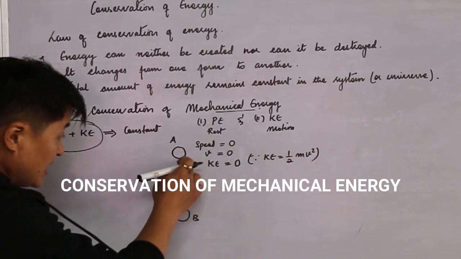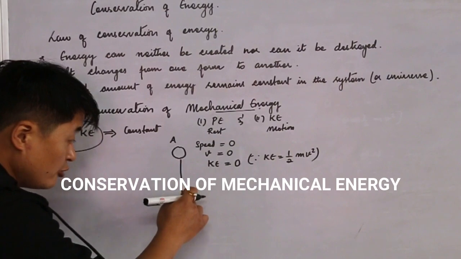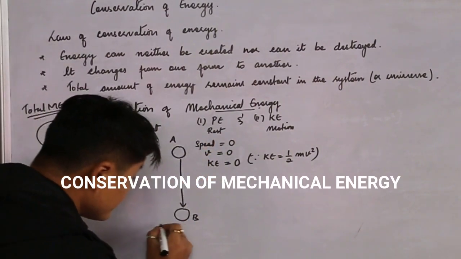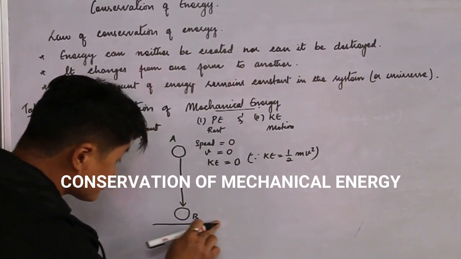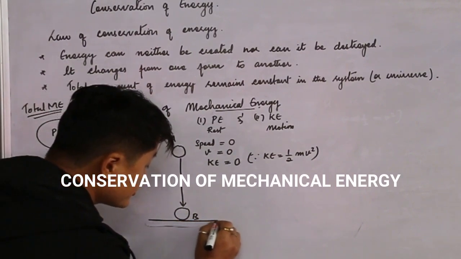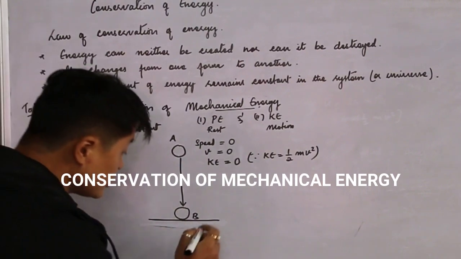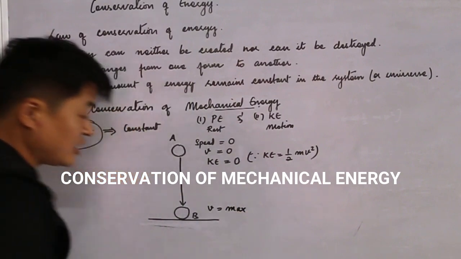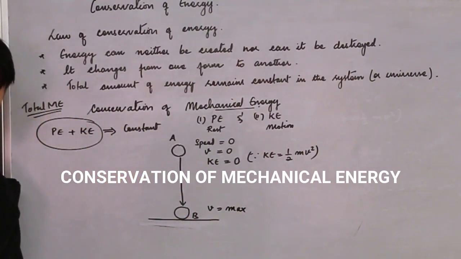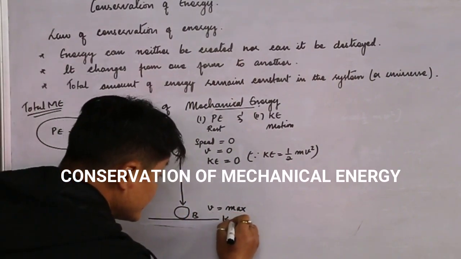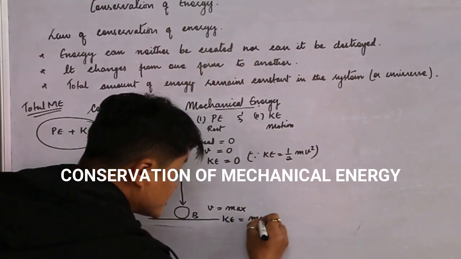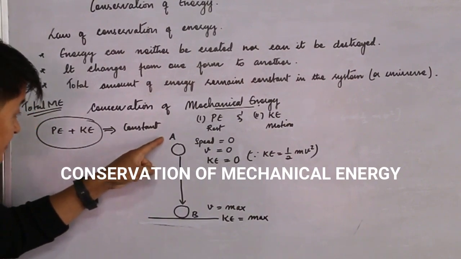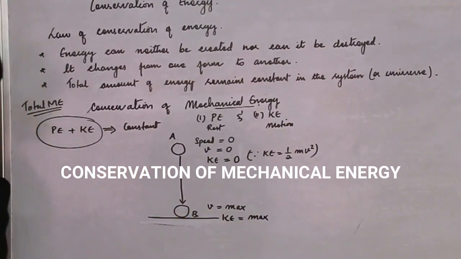As the body falls downwards, the velocity of the body increases, and before touching the ground, the velocity of the body will become maximum. When the velocity of the body is maximum, the kinetic energy will also be maximum. Clear? Now at position B, the kinetic energy is maximum.